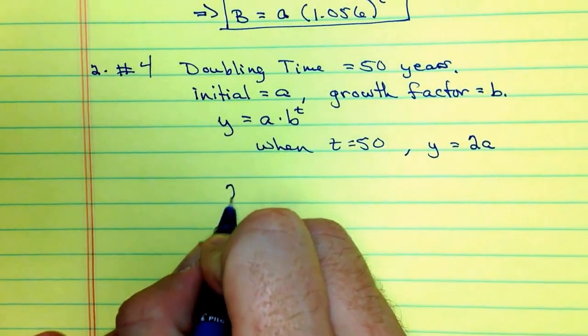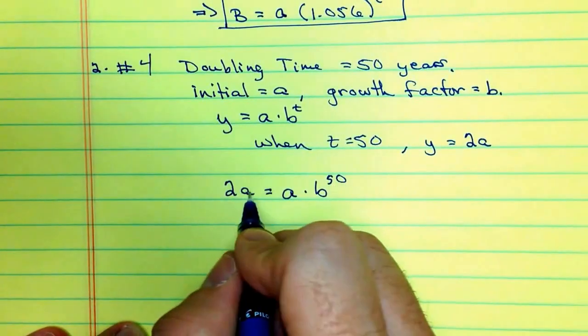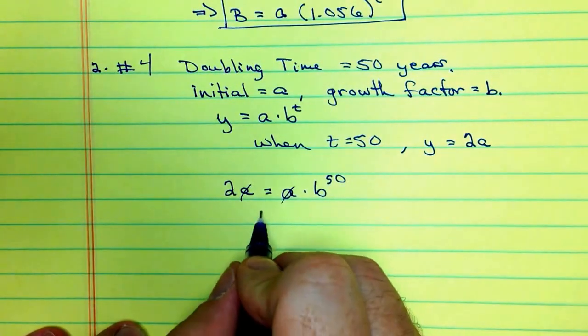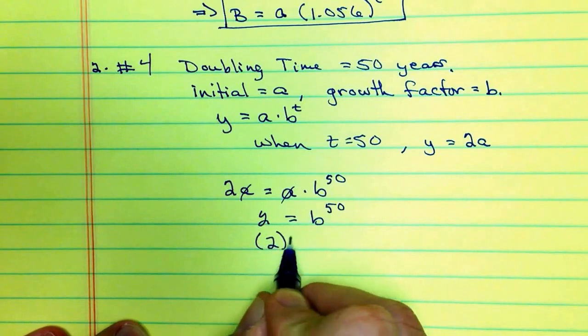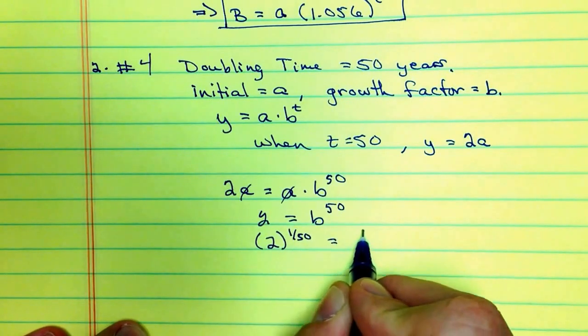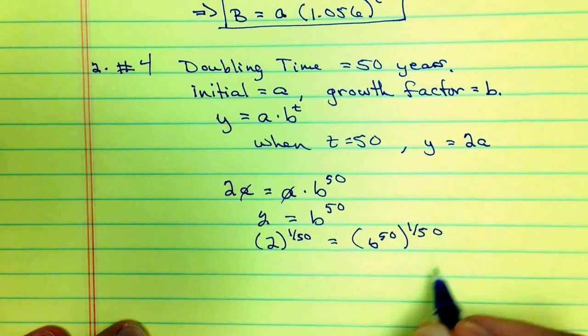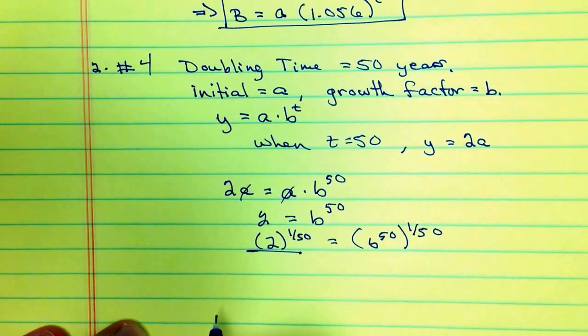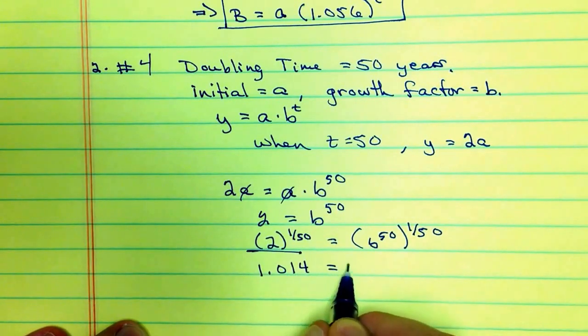So 2a equals a times b to the 50. Again, the initial values cancel. 2 equals b raised to the 50. Raise everything to the 1 over 50 power. Plug this in your calculator, and you should get 1.014 equals b.